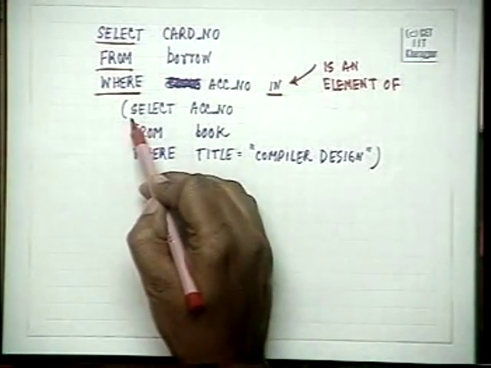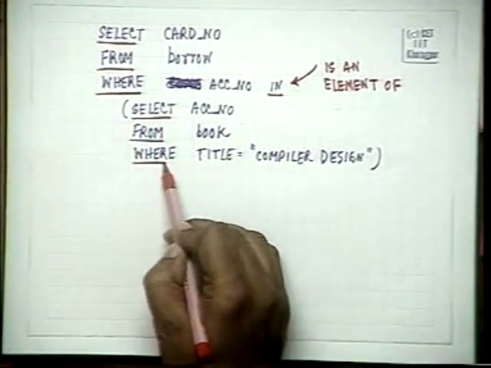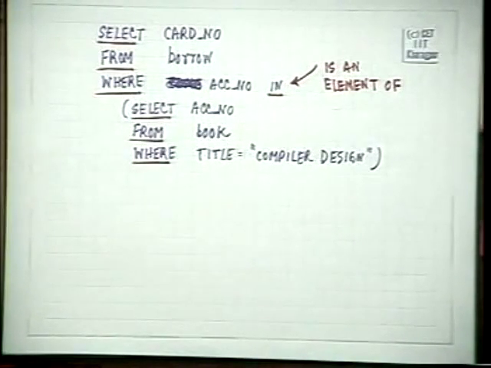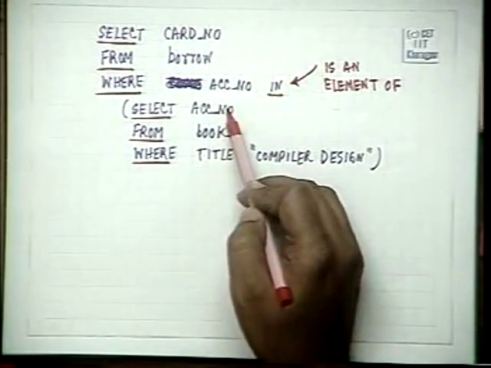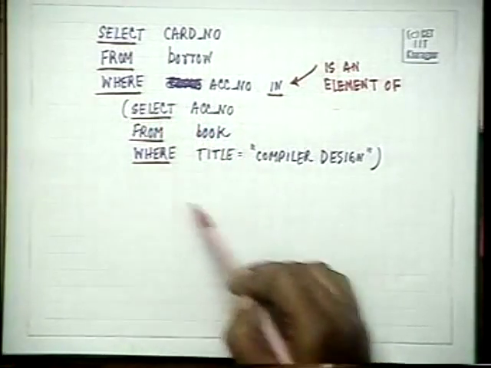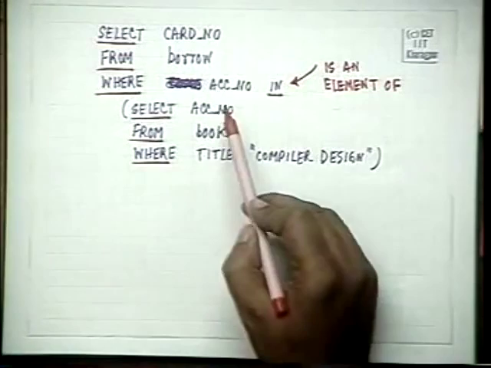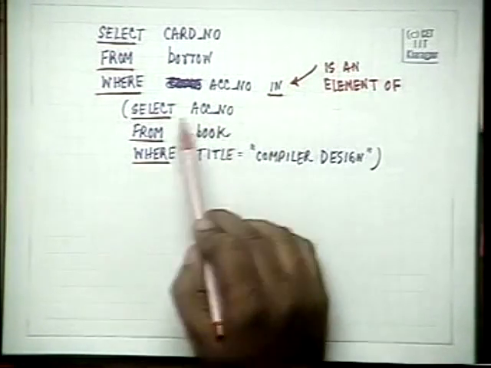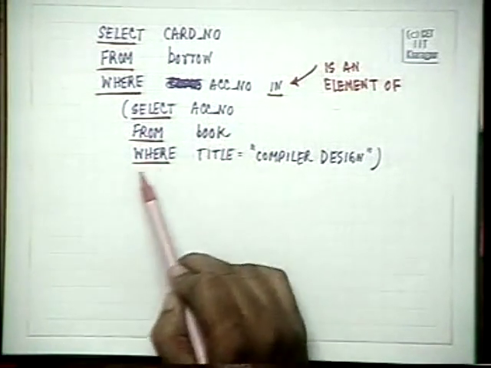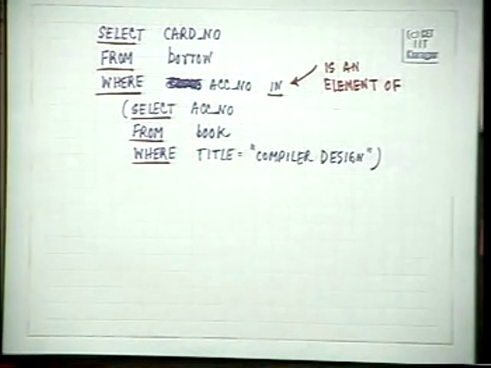Now that set is formed here. Where accession number is in, this set must return only a set of accession numbers. Accession number is in where? Select accession number from book where title equal to Compiler Design.